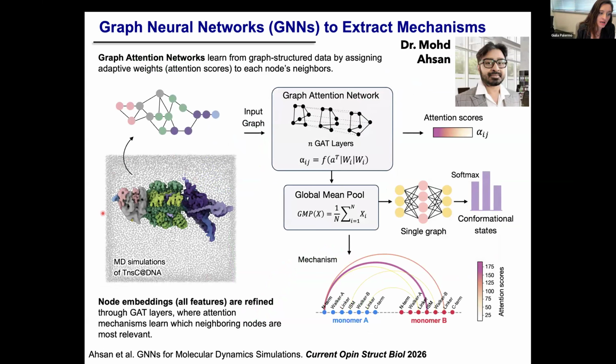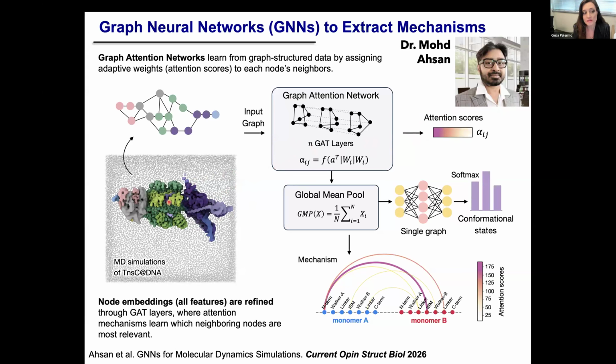So we have our CRISPR-associated transposon, we describe it as a graph of nodes and edges, and we build graph attention networks that are able to classify different conformational states and, most importantly, derive attention scores. Attention scores can characterize regions of the system that are critical for the classification decision, that are critical to lead to a specific conformational change, resulting in the characterization of different conformational states.